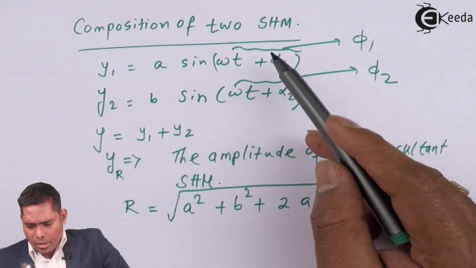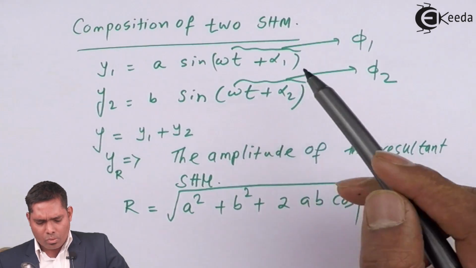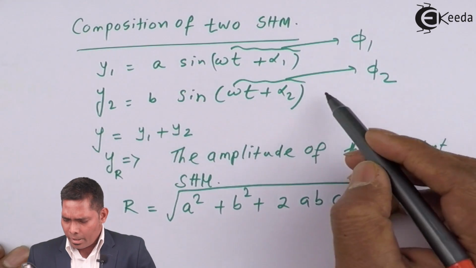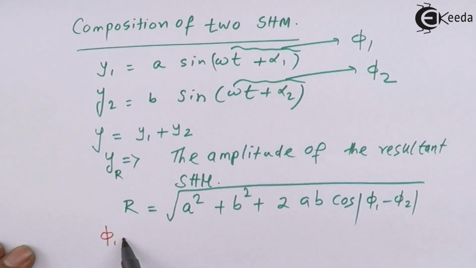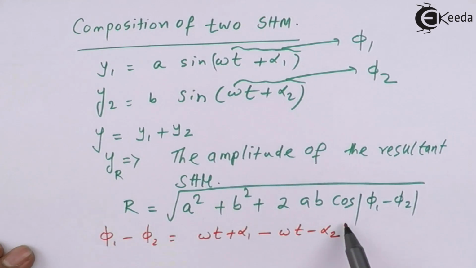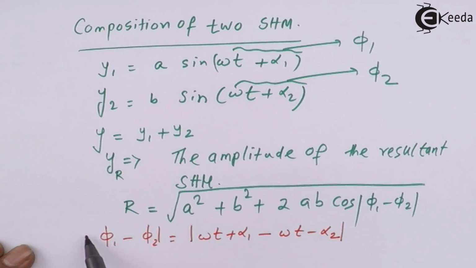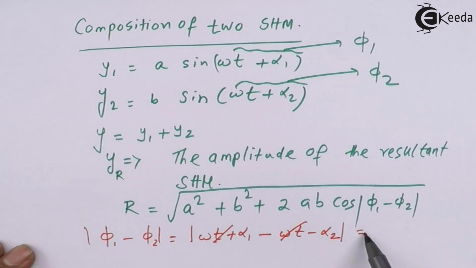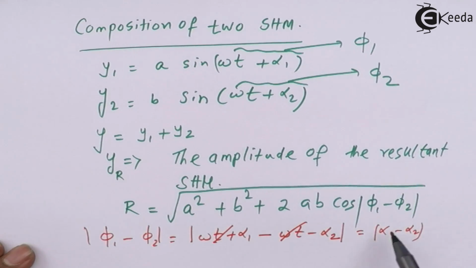If I take this phi 1 and this phi 2, I write phi 1 minus phi 2, then it is omega t plus alpha 1 minus omega t minus alpha 2. This minus this, both the terms will be negative here, and I have to take the mod. The omega t will cancel, and this will be alpha 1 minus alpha 2, mod. So basically the difference between alpha 1 and alpha 2 is important.